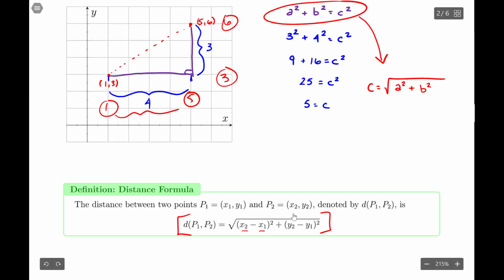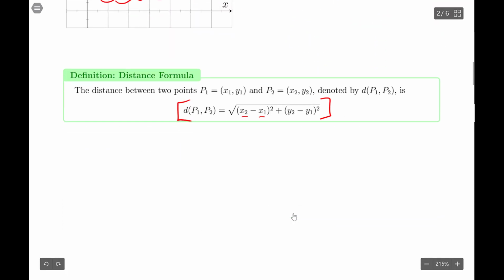So 6 minus 3 is 3, and that's exactly what we did in our first example. So the distance formula is going to be the difference between the x values, and then you square that quantity, plus the difference in the y values, you square that quantity, add them together, take the square root, and you can find the distance between 2 points.